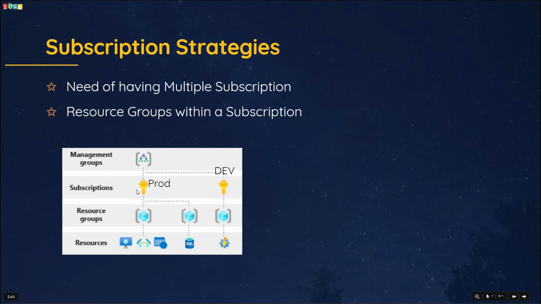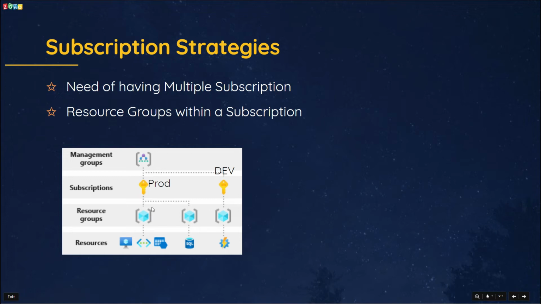Once the subscription is in place, we will be creating a resource group. In order to have any resources in an Azure account, you need to have a subscription. Underneath it, you can have a resource group, and you can group a list of resources under a resource group. For example, under the production, you are having web servers and database servers, or a storage account.